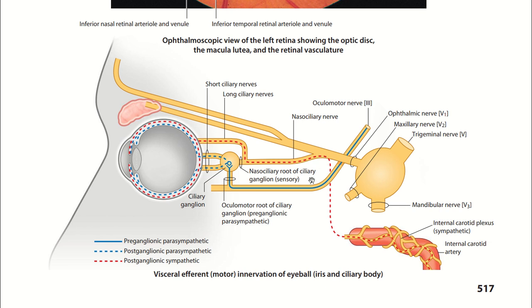You can actually see this oculomotor nerve carrying preganglionic parasympathetic fibers. These preganglionic parasympathetic fibers are going to be channeled into the ciliary ganglion via the nerve to the inferior oblique muscle, which transfers them into your ciliary ganglion, as you can see.